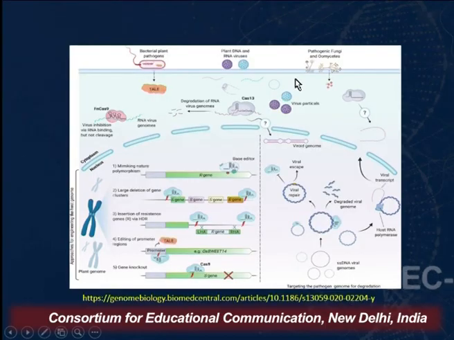So, this is the consolidated picture showing the different gene editing mechanisms where the genomes of the plants are edited. CRISPR-Cas9 can also be used to alter the genomes of the pathogens, the viruses that are infecting.